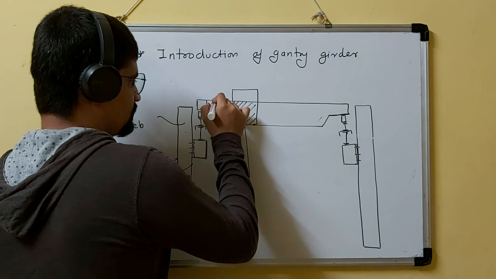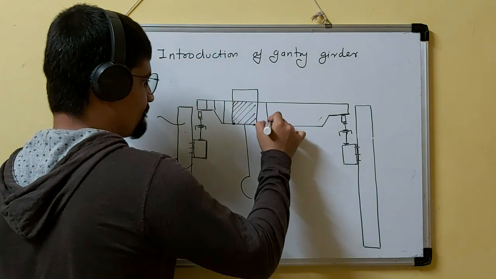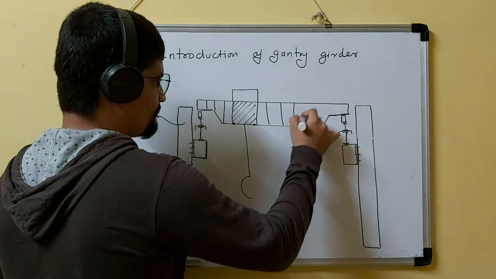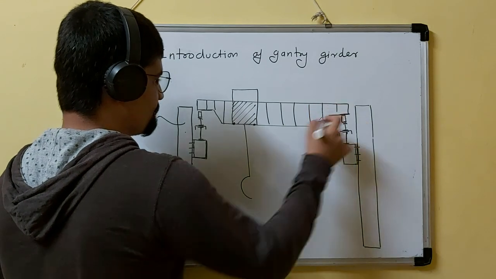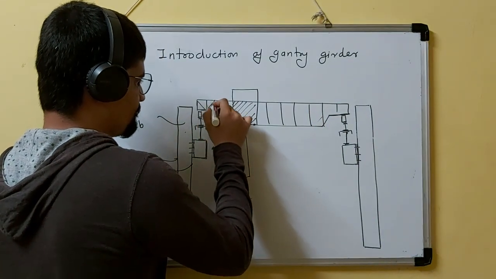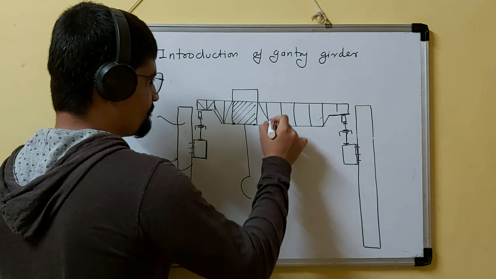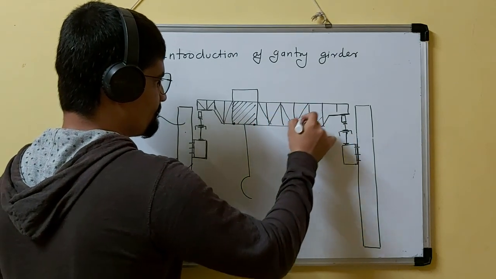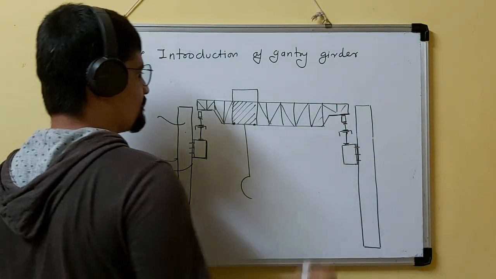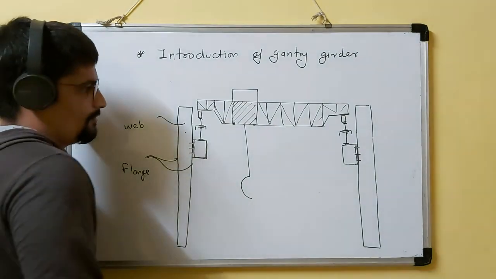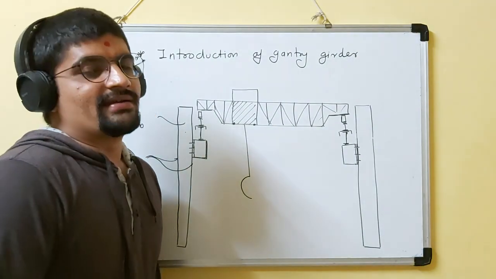Crane is like this. Okay, this is the crane. So, where is the gantry girder?